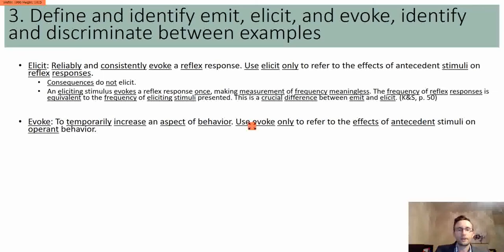Evoke. Evoke is to temporarily increase an aspect of behavior. Use evoke only to refer to the effects of antecedent stimuli on operant behavior. So when we say evoke, it means to momentarily, at this time, increase some aspect of the behavior, some dimensional quantity of the behavior, or perhaps an increase in the intensity or magnitude or severity of the behavior.